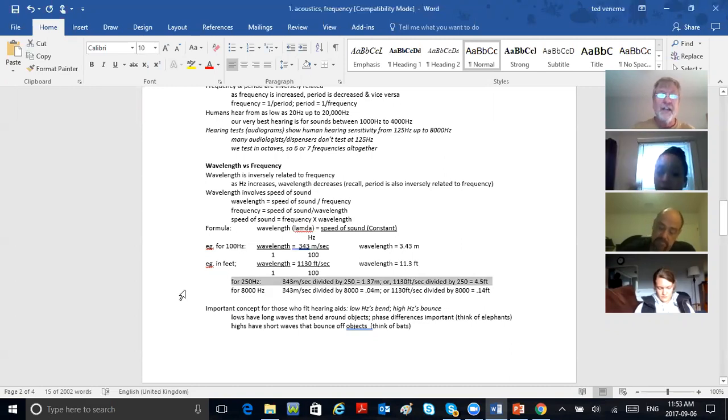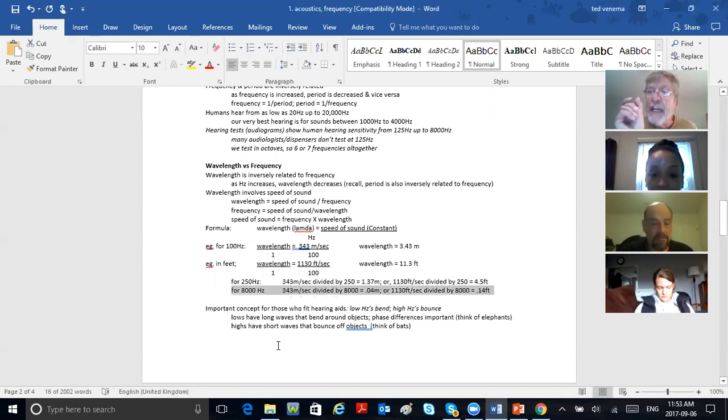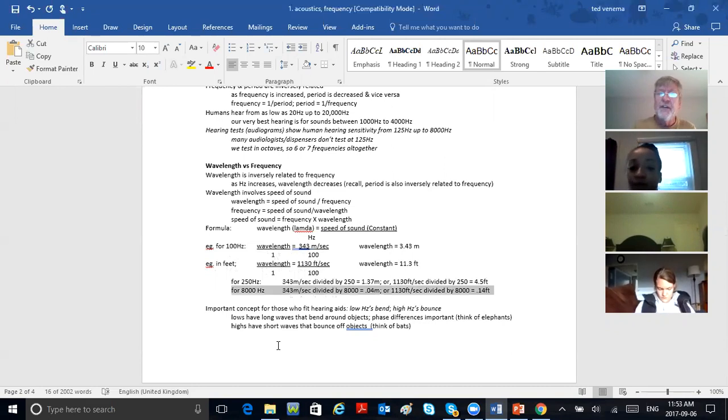Okay, look at 8,000 hertz. Now I'm highlighting a different one, 8,000. What's the wavelength of a sound that has 8,000 cycles per second? How long physically is its wavelength? 340 meters per second divided by 8,000 is 0.04 meters.